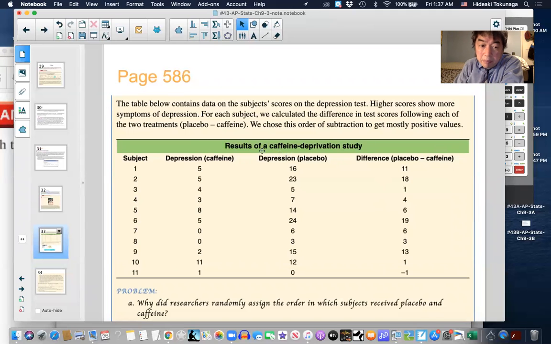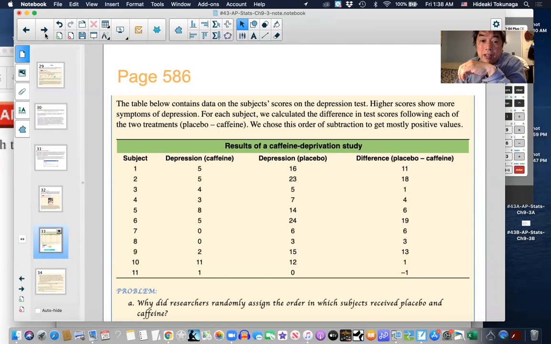Placebo minus caffeine must be bigger, because we assume placebo has no effect of caffeine, right? That's why we have to make the null hypothesis a no difference. So that's the first thing, that you create the null hypothesis.